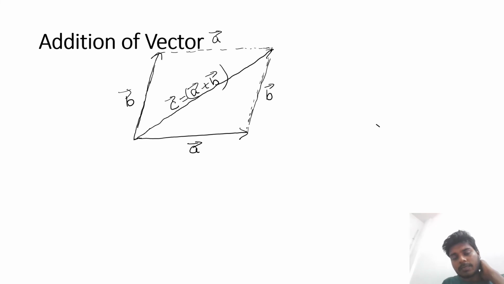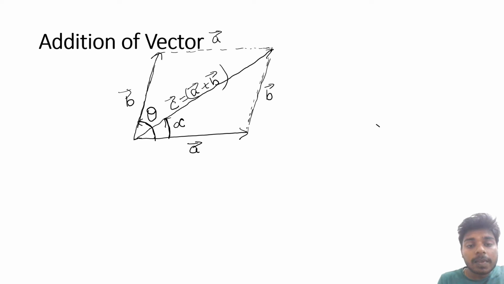We haven't done anything else. Actually, this parallelogram method is better to understand because the angle between these vectors is, let's say, theta, and the angle between the resultant vector and the a vector is alpha. Looking at the parameters of all these vectors becomes easy this way.